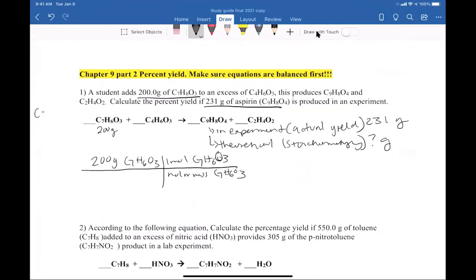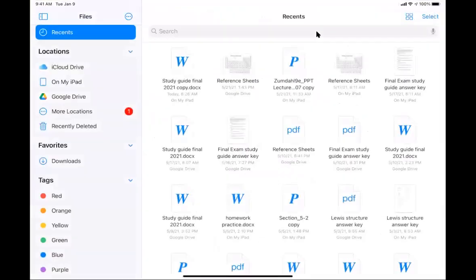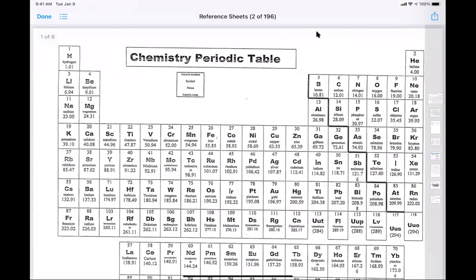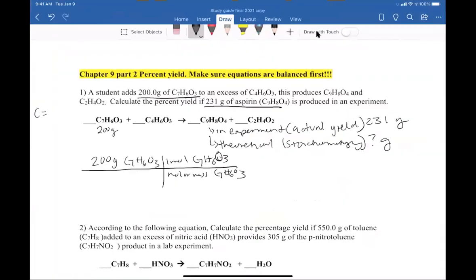And just for time purposes, because we don't have too much time because of the assembly, I'm going to tell you these real quick. So C is in C7, so it's 12.01 times 7. H6 is 1.01 times 6. O3 is 16 times 3. Okay, so 16 times 3 I know for sure is 48. 12.01 times 7 is 84.07.